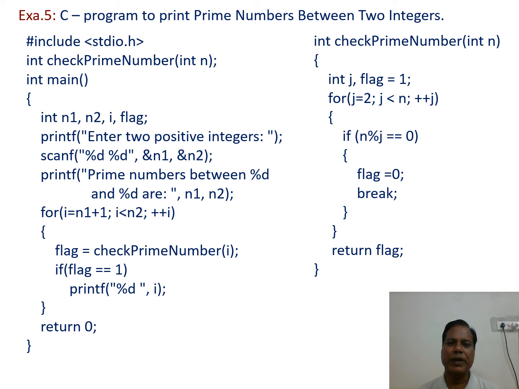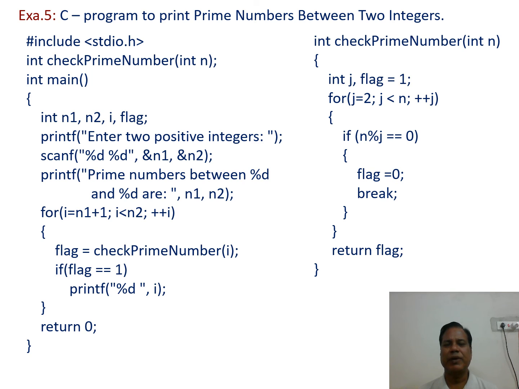Then the next statement is a printf statement: prime numbers between %d and %d are. What is the range? n1 and n2. So this line is printed on the output screen.